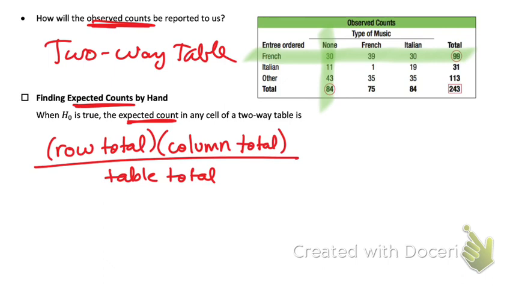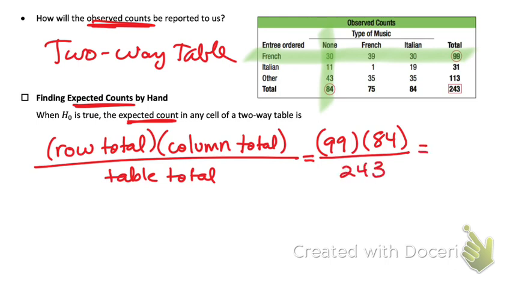So, for the French food with no music playing, the row total would be 99. The column total would be 84, and the table total would be 243. So what would be the expected number of French entrees ordered when no music is playing? Do that math right there.